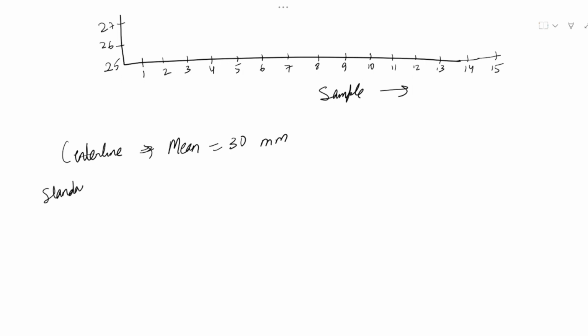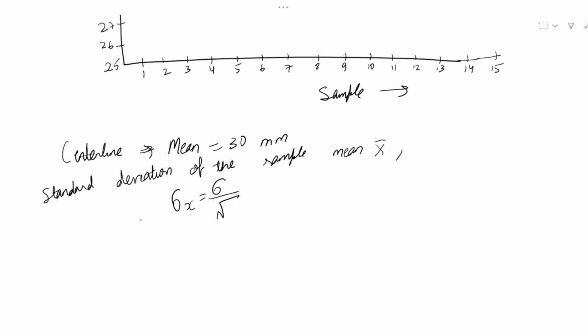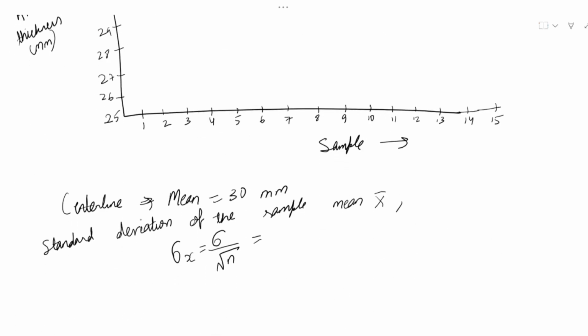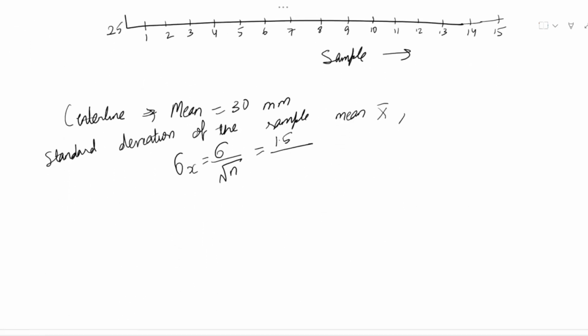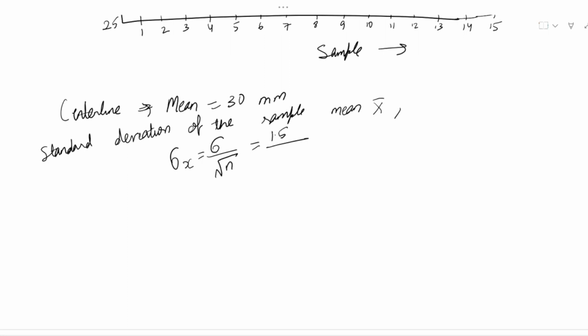Standard deviation of the sample mean x bar, sigma x bar is equal to sigma by root over n. Now sigma here is given as 1.5, so 1.5 by root over 5 is equal to 0.671.